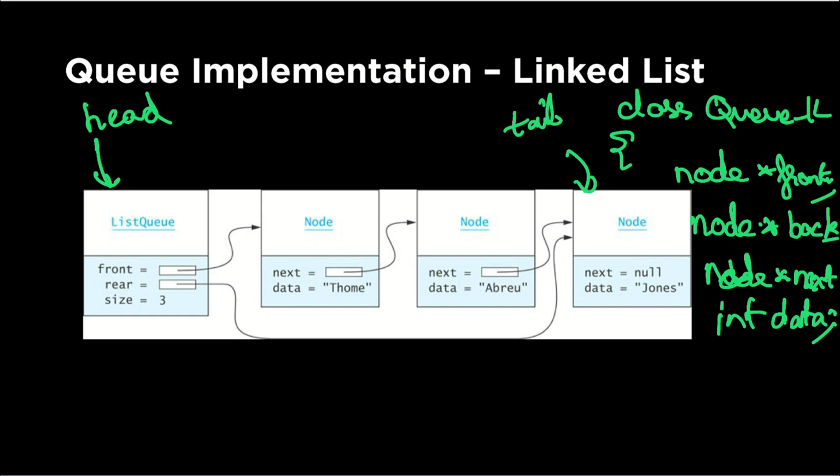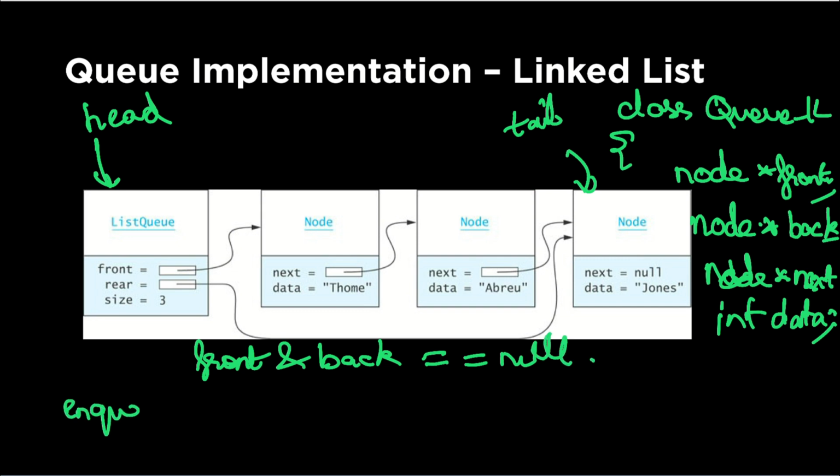And again, the operations are the same, NQ and DQ, you're just manipulating the pointers. Initially, when we start, both front and back point to null. Now let's say we do NQ 5 in a linked list based queue.